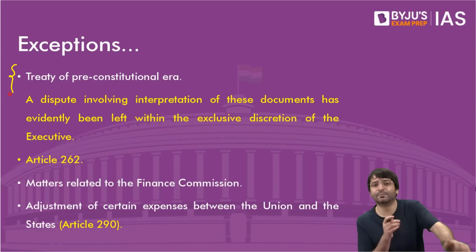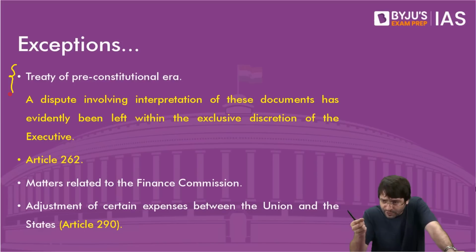For example, the instrument of accession signed between the government of India and the Maharaja of Jammu and Kashmir, or the instrument of accession signed by various princely states, or the merger agreement signed by various princely states. These are all pre-constitutional agreements, pre-constitutional treaties. If you have a dispute on these cases, you cannot go to the Supreme Court because these are of the pre-constitutional era.